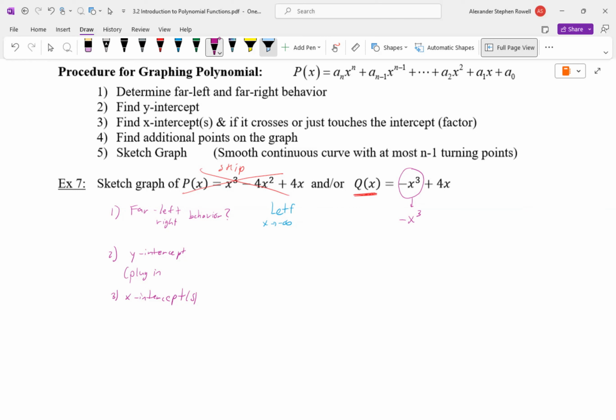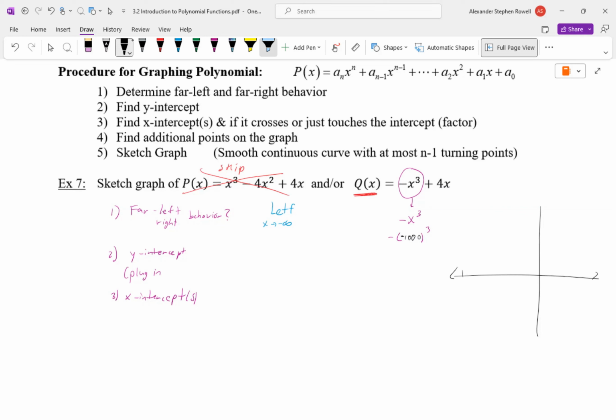I like to check with a far left number. What's a far left number? Yes, far left numbers are negative on my x-axis. -1 will technically work, but far left would be like -1,000,000, right? -1,000.